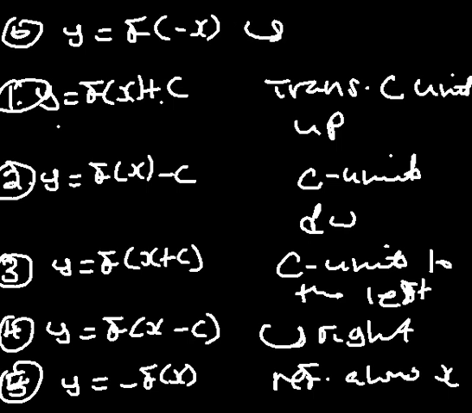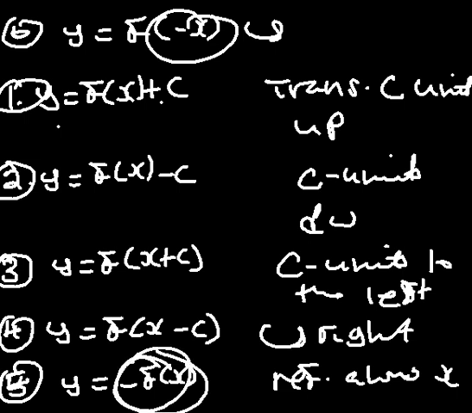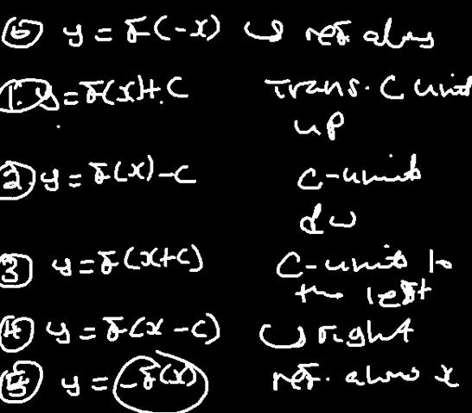If this is the case, the graph has to reflect along the y-axis, which is the opposite of the previous one. Here the negative is on x, while there the negative was given on y. That's the essence behind it. So the graph has to reflect along the y-axis. You should understand that one.